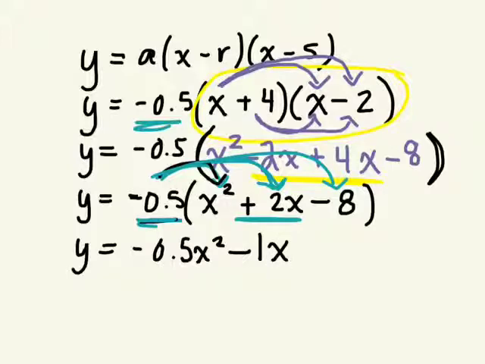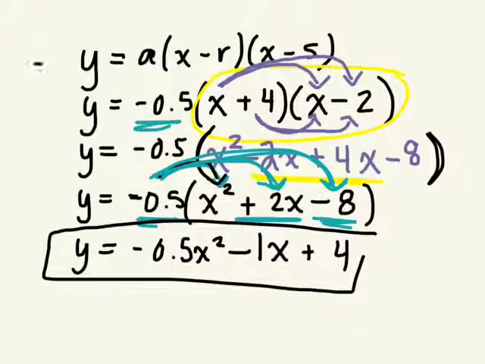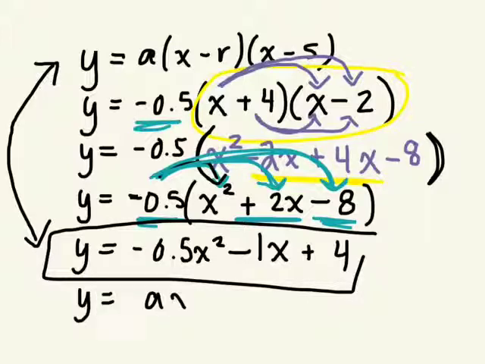And then we have negative 0.5 times negative 8 is positive 4. And we just went from factored form to standard form, which is y equals ax squared plus bx plus c.